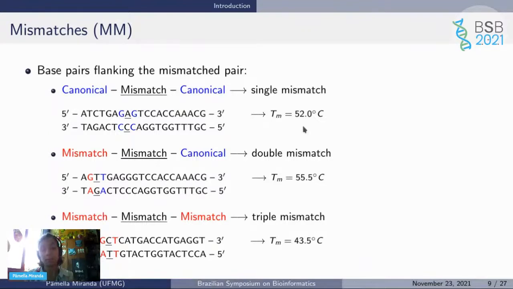The melting temperature increases to 55.5 degrees. So it is very interesting. However, this calculation is not a simple rule, and more complete calculations are necessary.